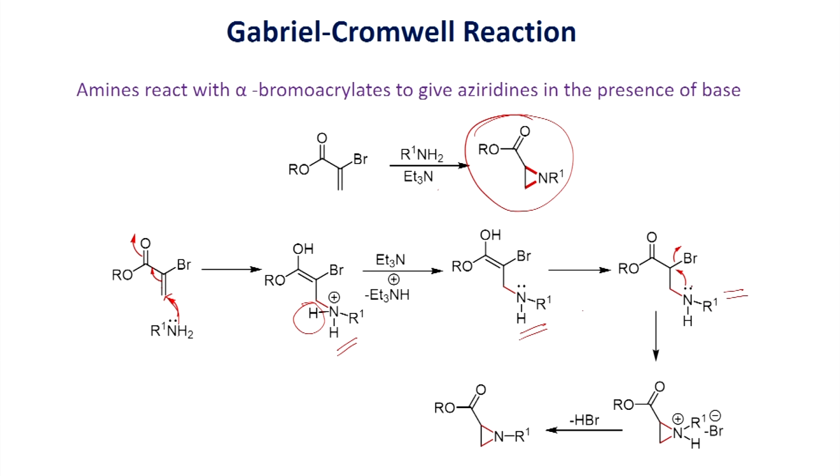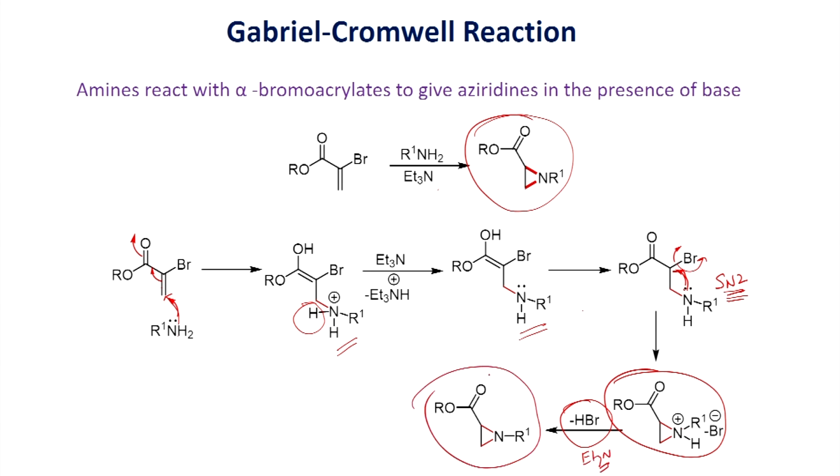Once you form this one, now the amine intramolecularly reacts with this bromine via SN2 pathway, then you will be able to generate this aziridine salt. Once you form this salt, this can lose HBr, since you carry out the reaction in the presence of base, then you will be able to get this activated aziridine. So, this is one of the effective routes.